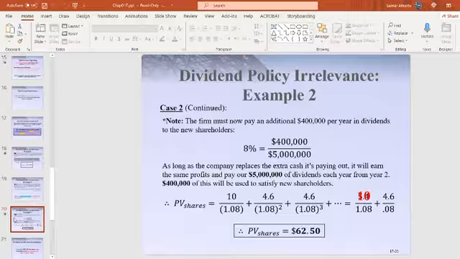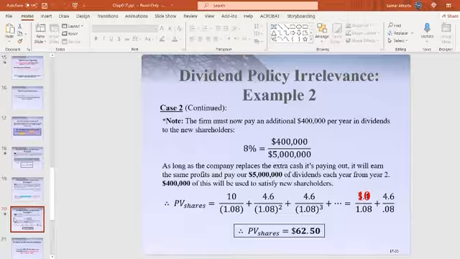It will remain the same. So we proved in this example that just because you give 10 million in dividends, it will not increase the value of shares. It will still be the same. And that's what we are trying to prove. Again, the idea is that you will find the present value of 62.5. So there is no effect for dividends.